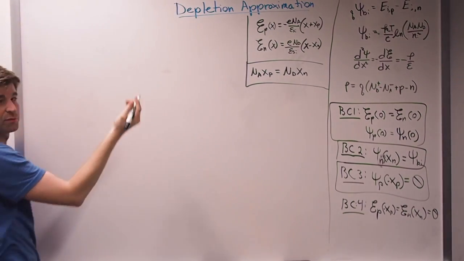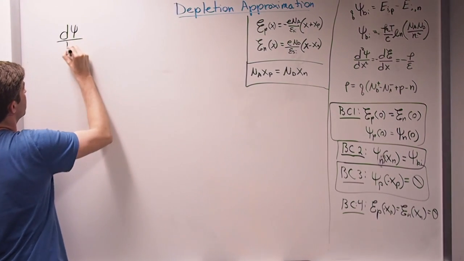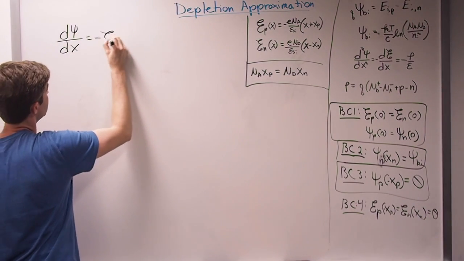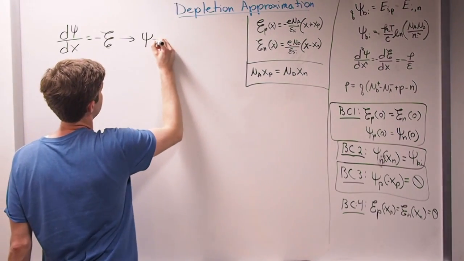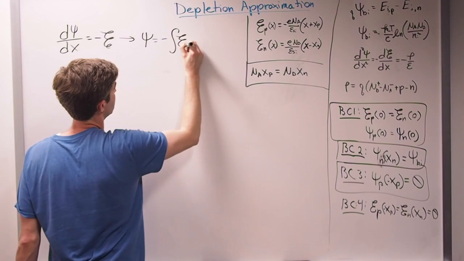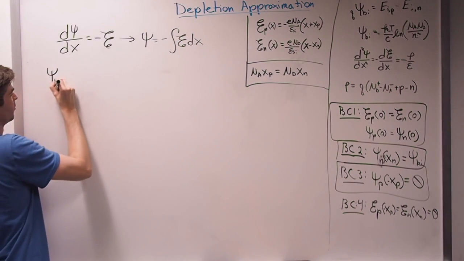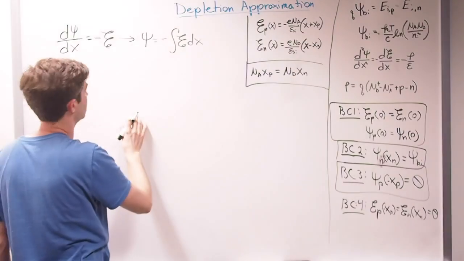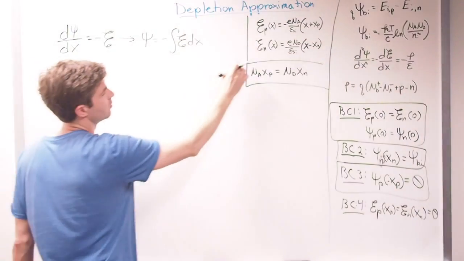So this is the continuation of Gauss's law, d phi over dx equals negative E. So I can rewrite it: phi is equal to the negative integral of E dx. So that means that phi in the P region, let's write phi p of x, is going to be equal to that.